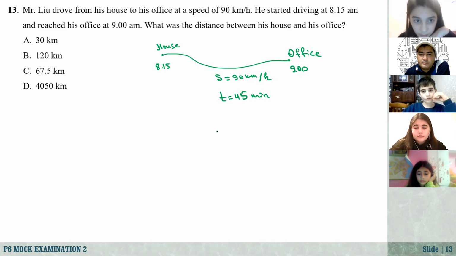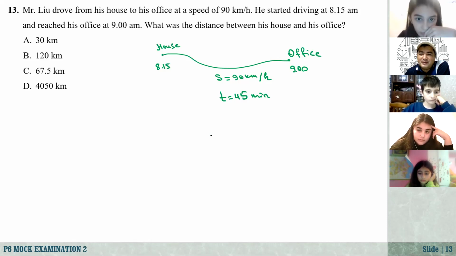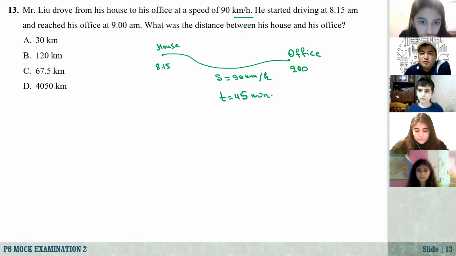So to find the distance between his house and his office, we multiply time by speed. So we multiply 90 by 45. But here, look, the speed is given in kilometers per hour. Before you multiply, you have to convert this unit into hours.